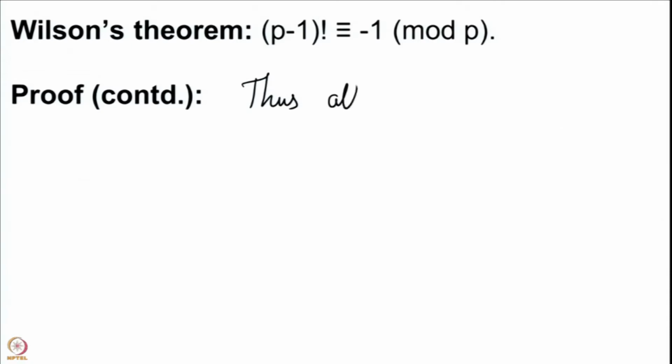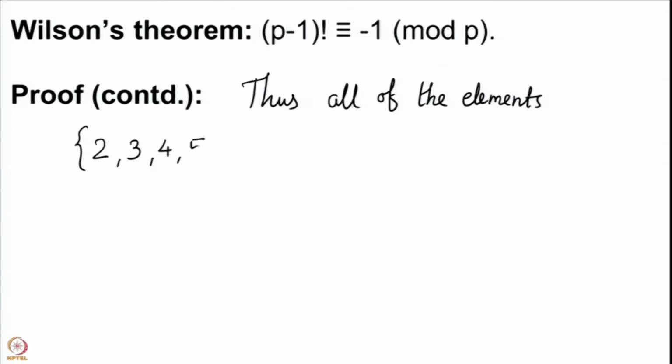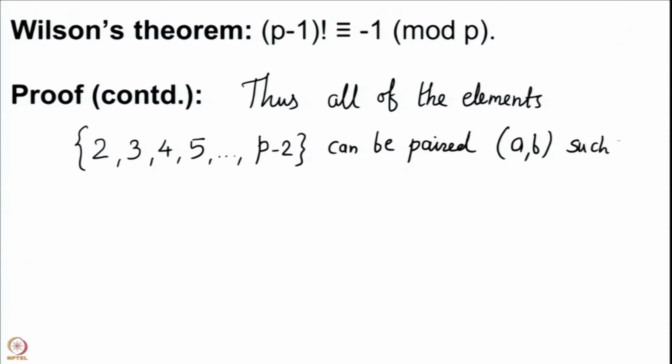Thus, all of the elements, I will not take 1, so I start with 2, 3, 4, 5 up to p minus 2, can be paired a, b such that ab equal to 1 in Zp, or ab congruent to 1 modulo p.